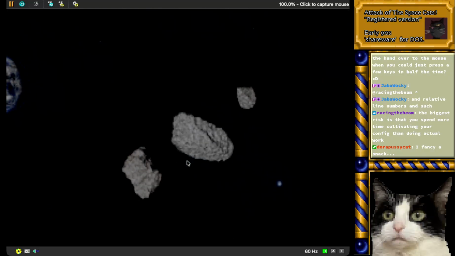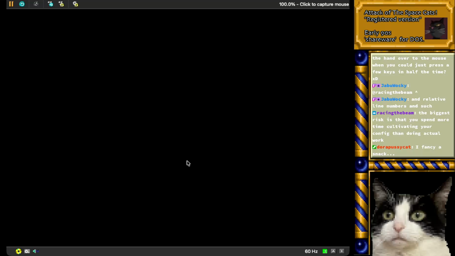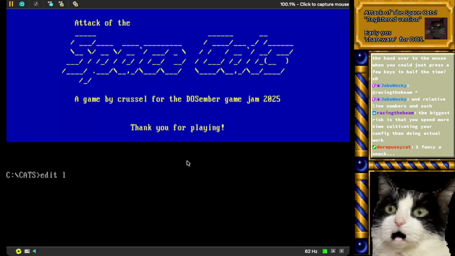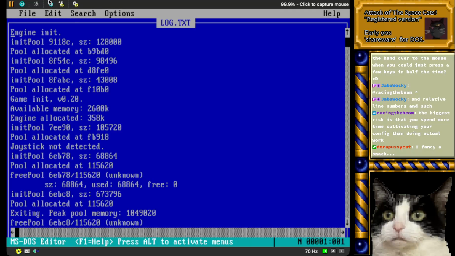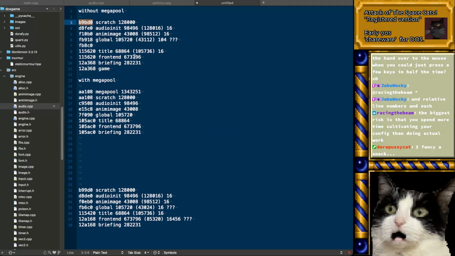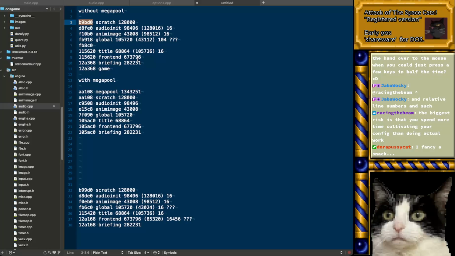Get on with it. B9, BD0, back to there again. Presumably because of the file handling. B0, where does the global pool end up going?